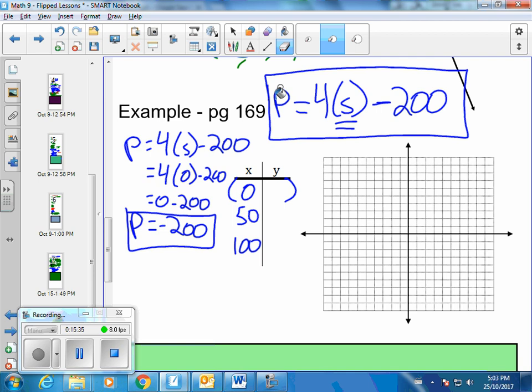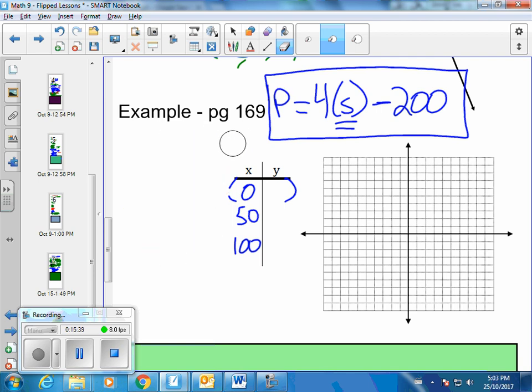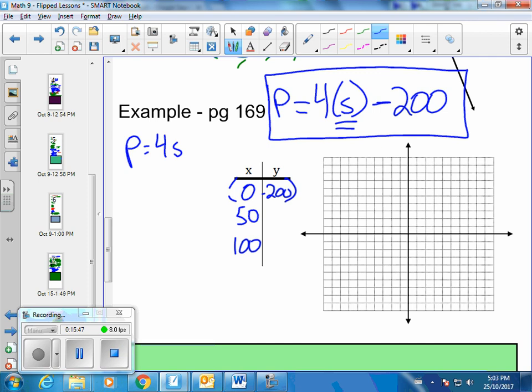What about if we try this with our next value in line? What about 50? 4 times 50 minus 200 means that we have 200 minus 200, so the dance earns $0.